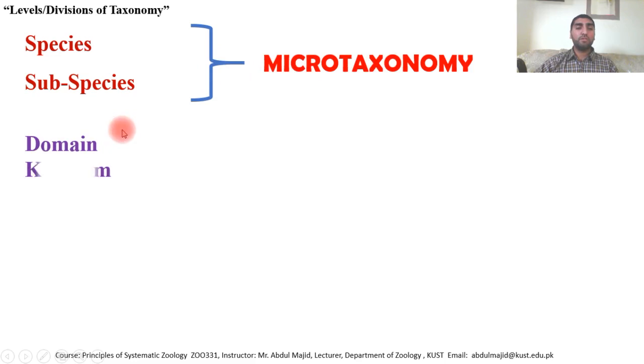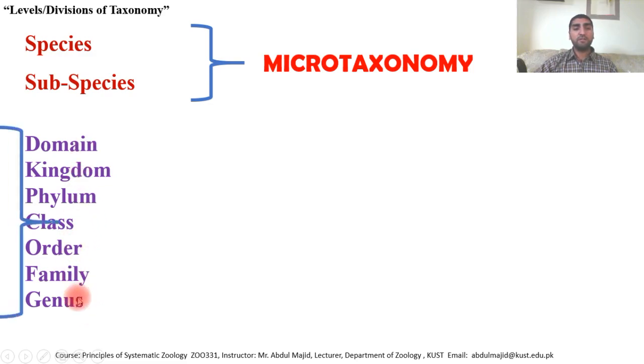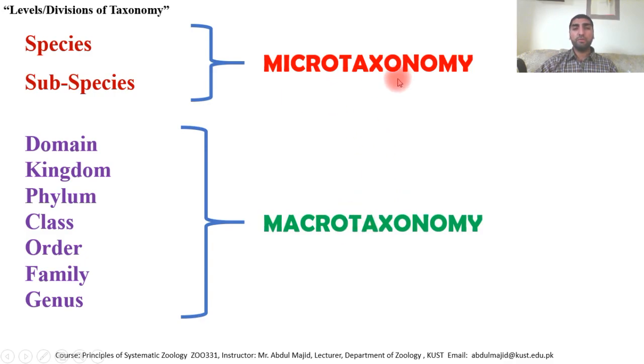When we study domain, kingdom, phylum, class, order, family, genus, these levels are known as macrotaxonomy. So taxonomy has two major divisions: microtaxonomy, where we study species and subspecies, and macrotaxonomy, where we study domain, kingdom, phylum, class, order, family, and genus.